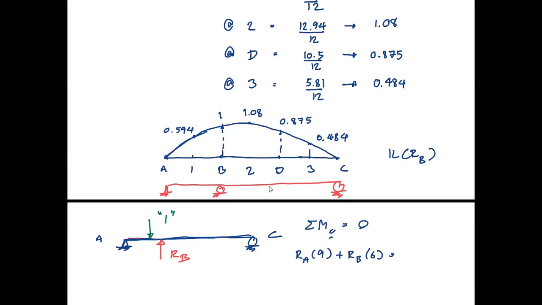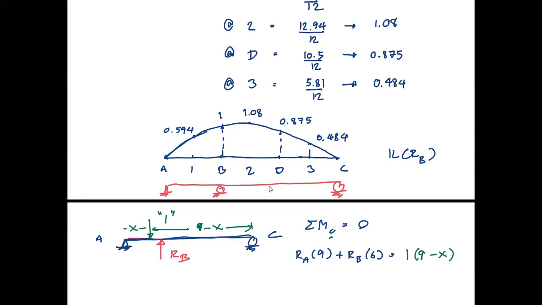If you take sigma MC equal to 0, this distance is x, so this is going to be 9 minus x. So that is equal to the unit load itself multiplied by 9 minus x. With that, you can obtain your RA.